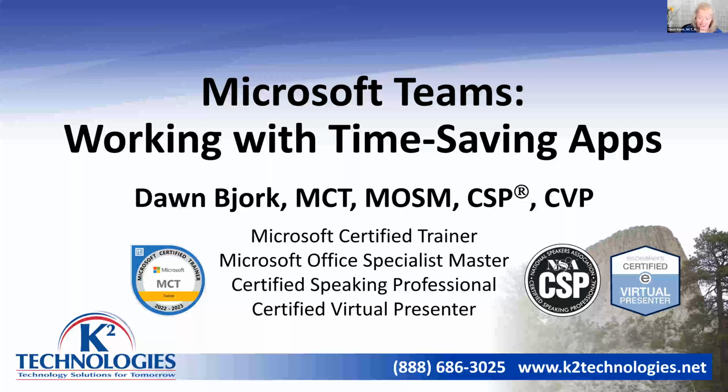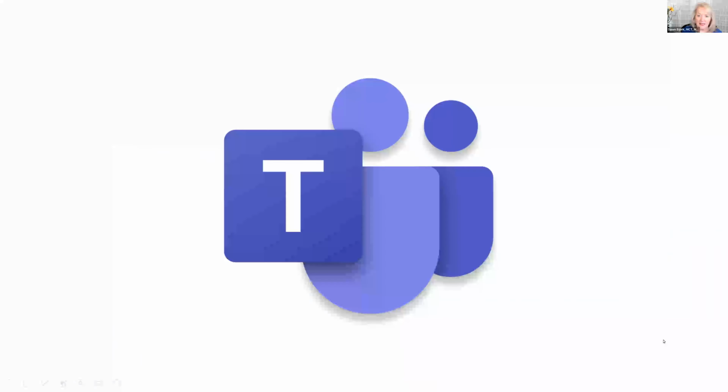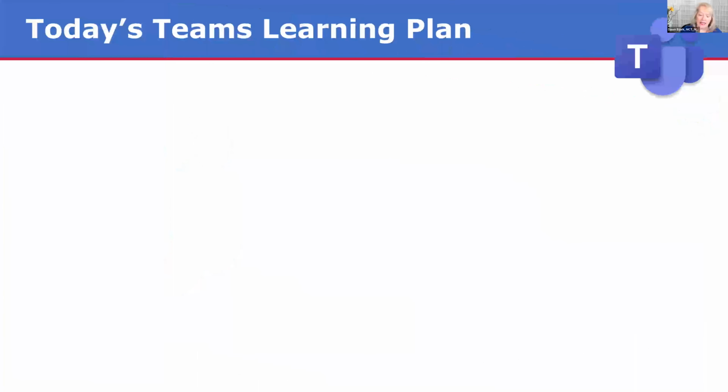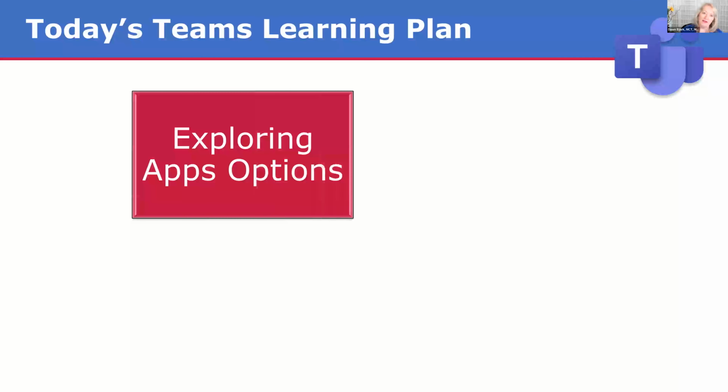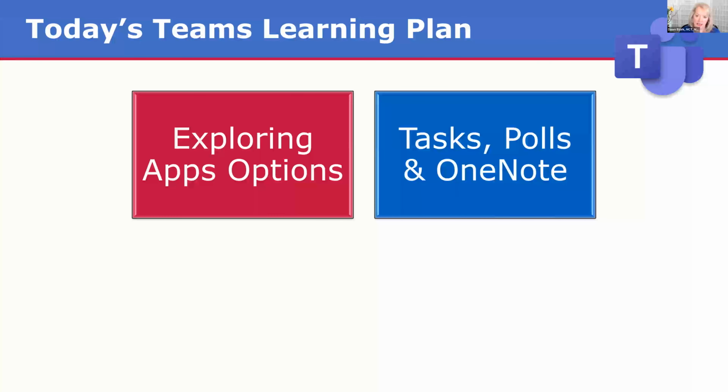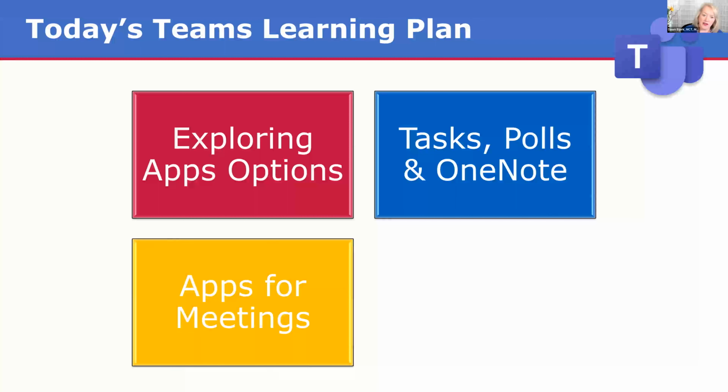Let's go ahead and explore what we're going to be looking at today in terms of working with Microsoft Teams. Of course, we're going to look at some of the different ways that you can access applications in Teams. We'll look at the variety of ways to access applications like tasks and polls and working with OneNote, and what applications are available to you in your meetings.